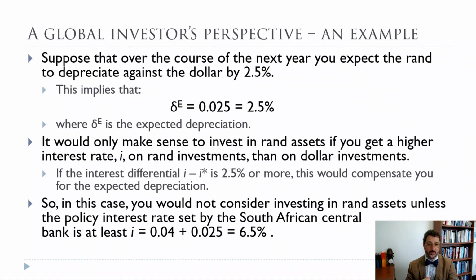And there will be other people saying, no, I think it's going to be like 4%, and so I'm going to buy the US bond. So there will be people buying both bonds. On average, the expectation is a 2.5% depreciation rate, but that just means that some people will be right and some people will be wrong. Some people will make more money, some people will make less money.